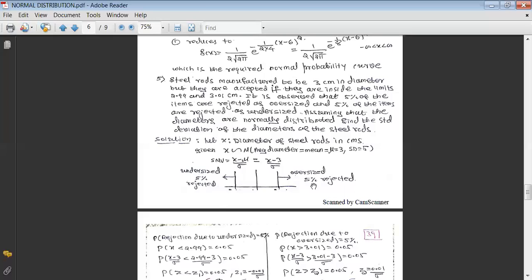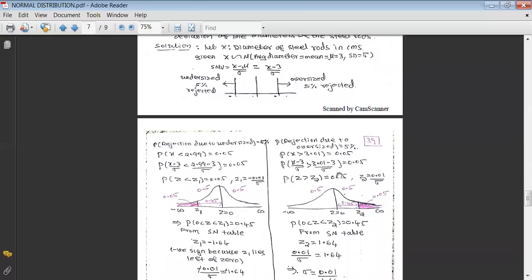They are the criteria to say undersized and oversized. Now, according to the given information, let us write some of the facts. The probability of rejection due to undersized is 5% and the probability of rejection due to oversized is 5%. They have given.